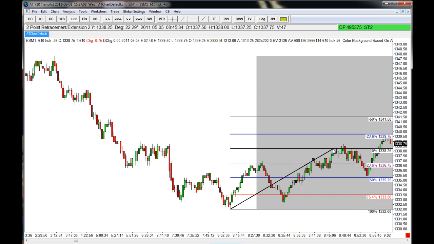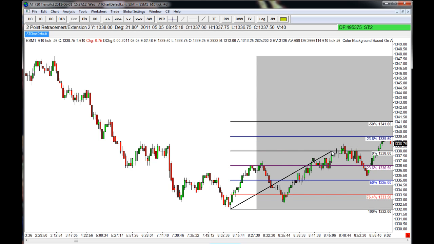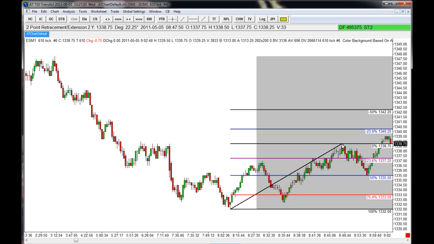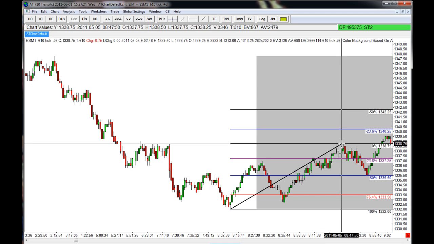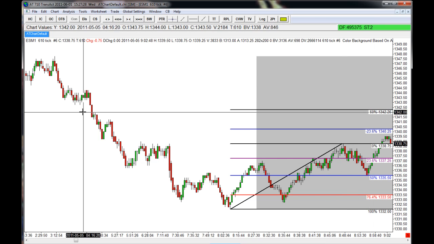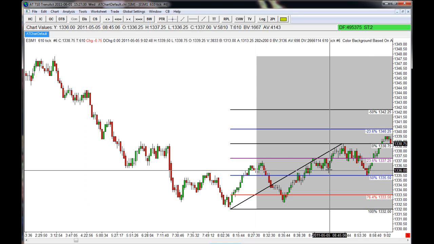We look for the pivot high. You see it goes above 0%, and then retraces to 23.6% here. So we move our 0% line over here. Does it meet our criteria? Yes, it's 6.75 points wide, so we can take an entry here. And now we have changed directions, going from a downtrend to an uptrend.